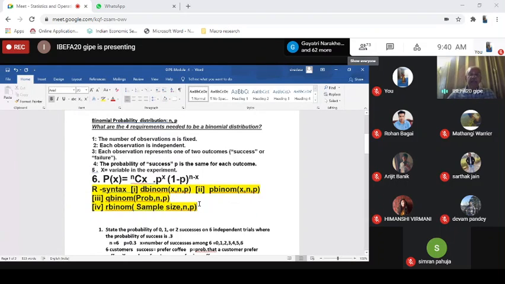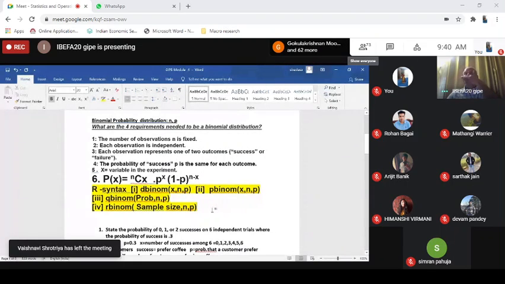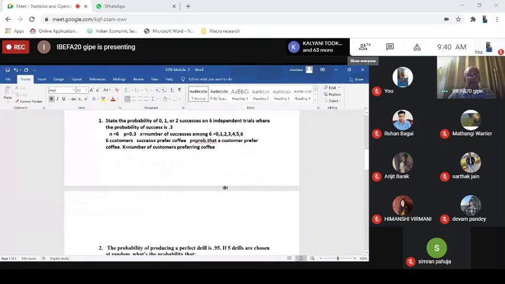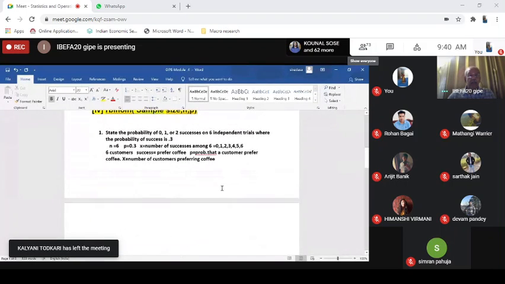So to explain this binomial distribution in R, consider the first example. State the probability of 0, 1, 2 successes on 6 independent trials where the probability of success is 0.3.